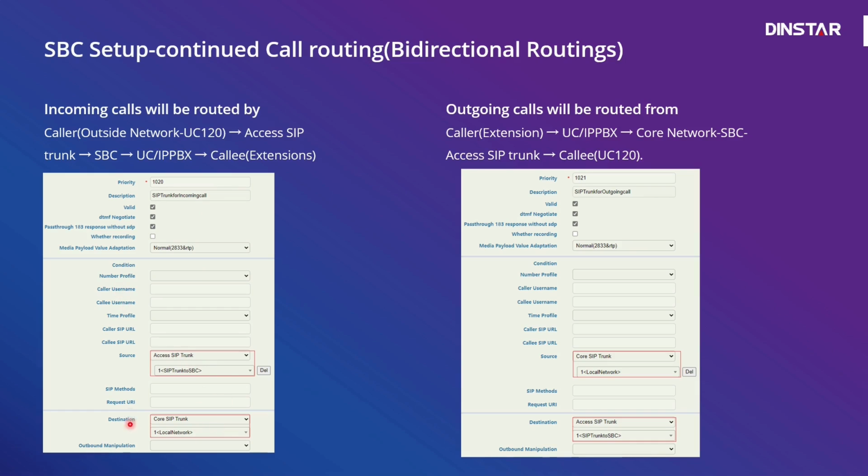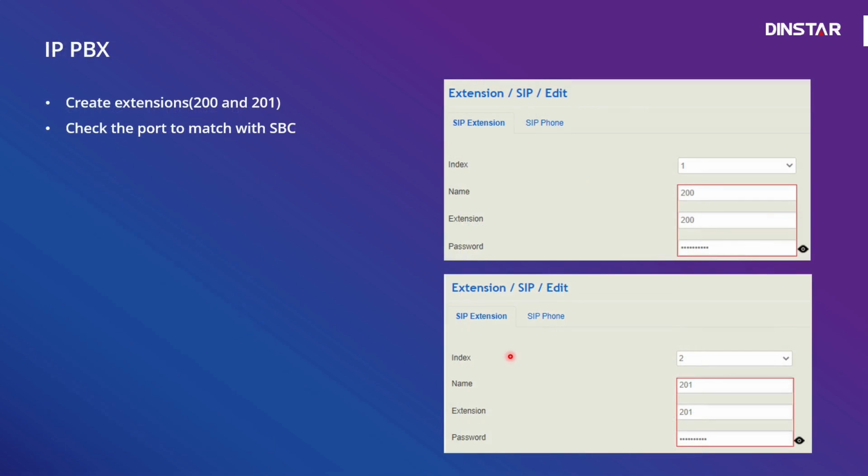Actually, it's an incoming call from the outside or WAN port to the LAN port. Same thing here is the opposite configuration: the core network, and you have to use the access network as the destination. Since the core network connects to our PBX, it's an outgoing call.